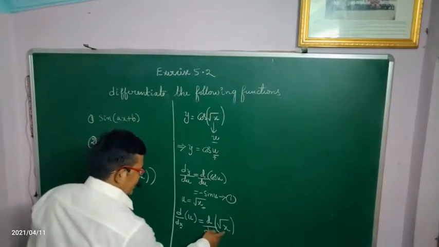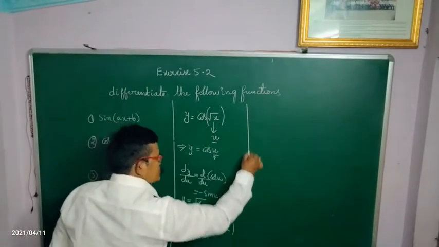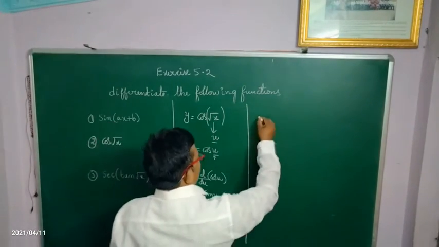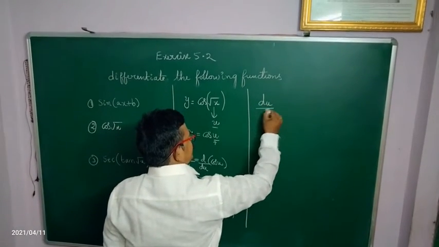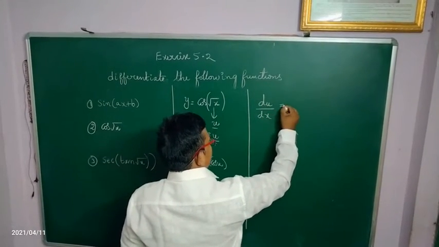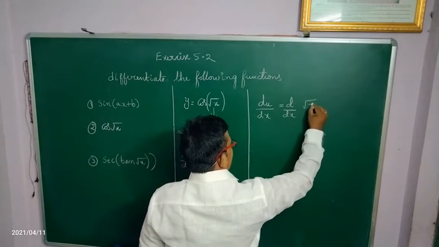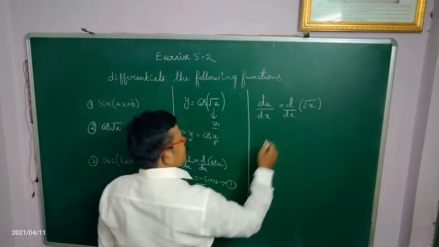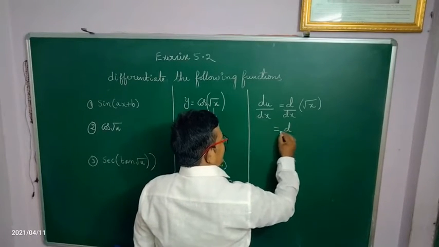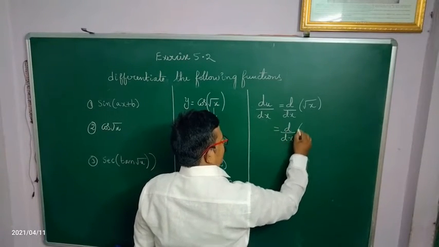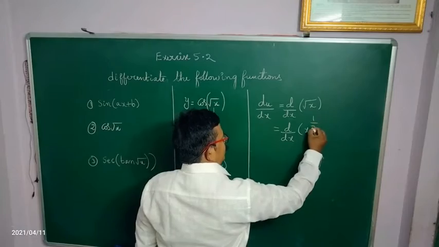This can be written as du by dx equal to d by dx of root x. Okay, this can be written as d by dx of x power 1 by 2.